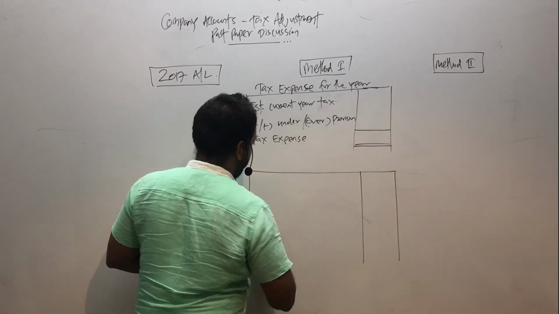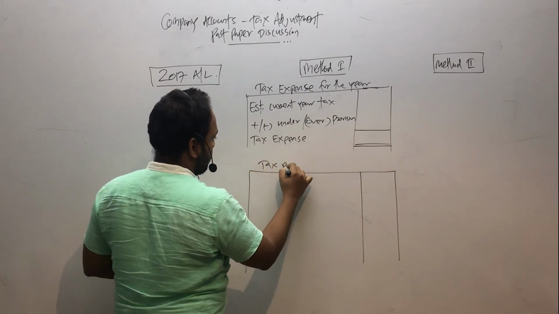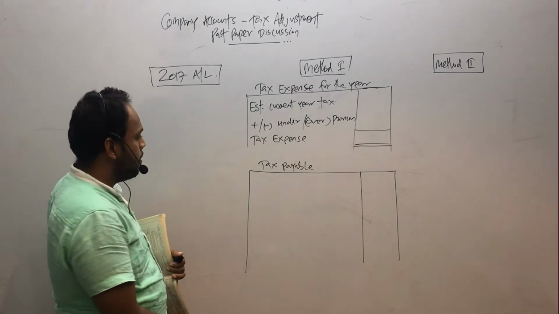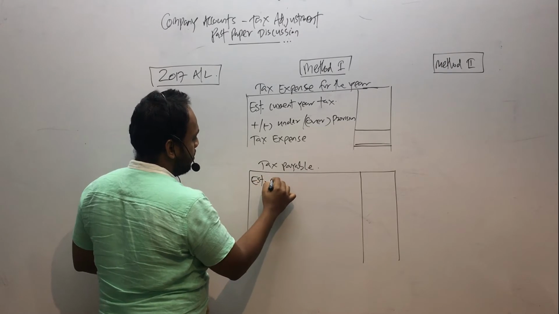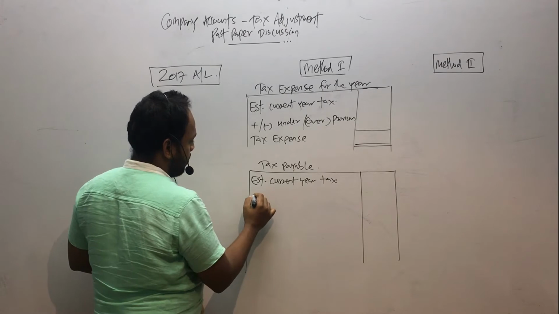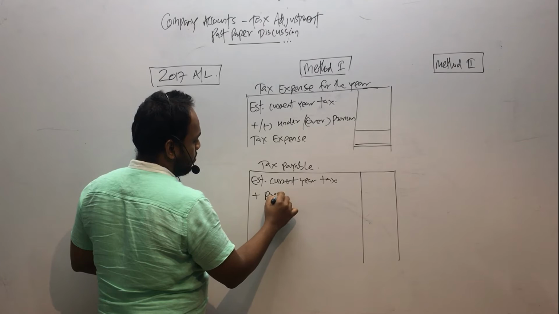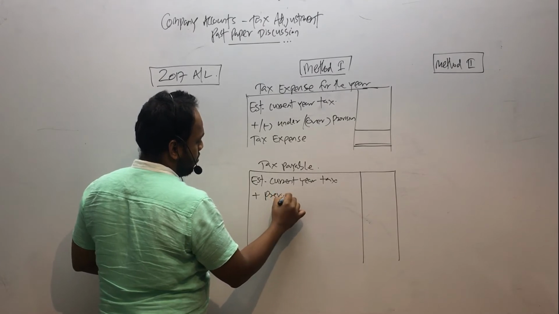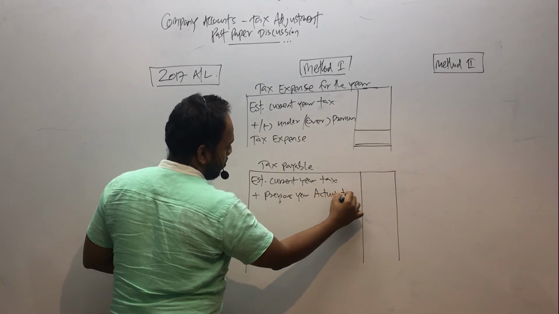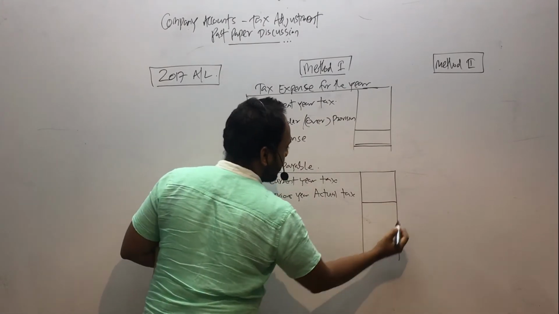Then we need to calculate tax payable. So how do you calculate the tax payable? We take the estimated current year tax, then we add previous year actual tax. Current year tax plus previous year actual tax gives the total tax payable.